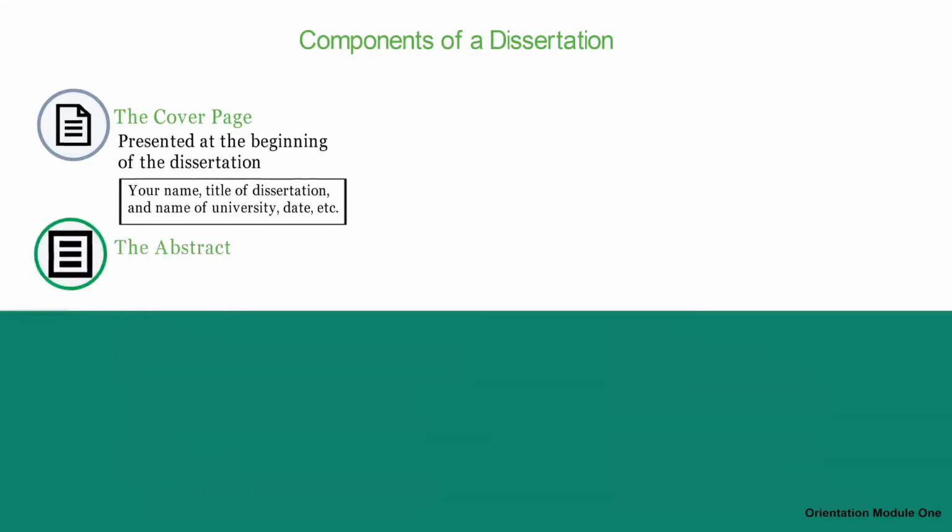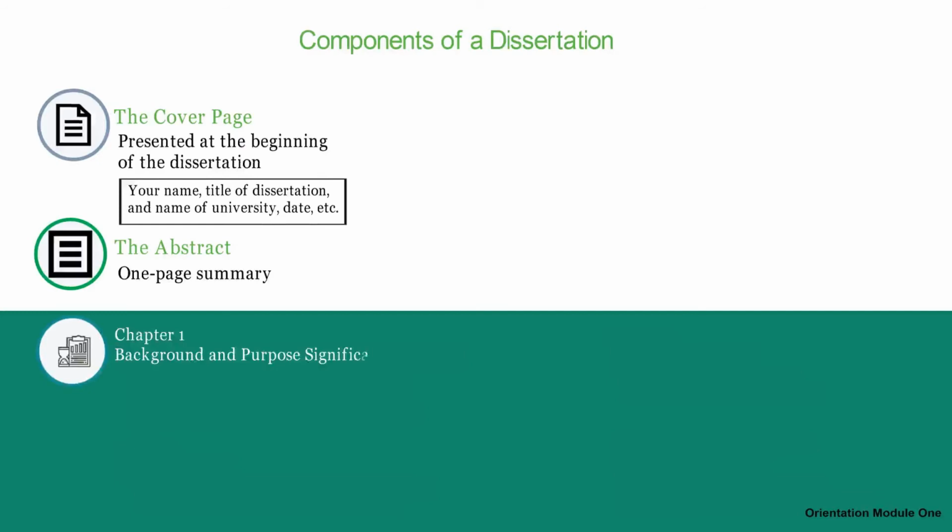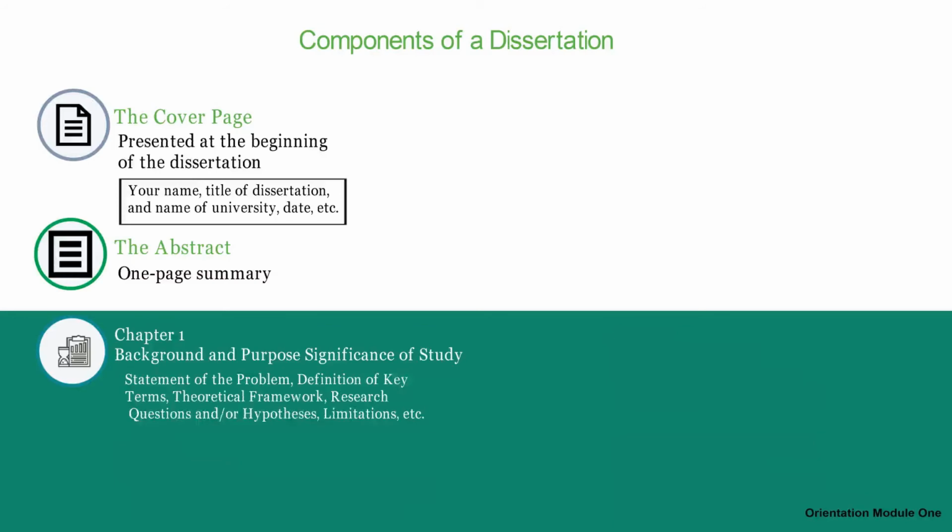The abstract, a 1-page summary of the dissertation. Chapter 1 includes the background and purpose, significance of study, statement of the problem, definition of key terms, theoretical framework, research question and/or hypothesis, limitations, delimitations, and assumptions.